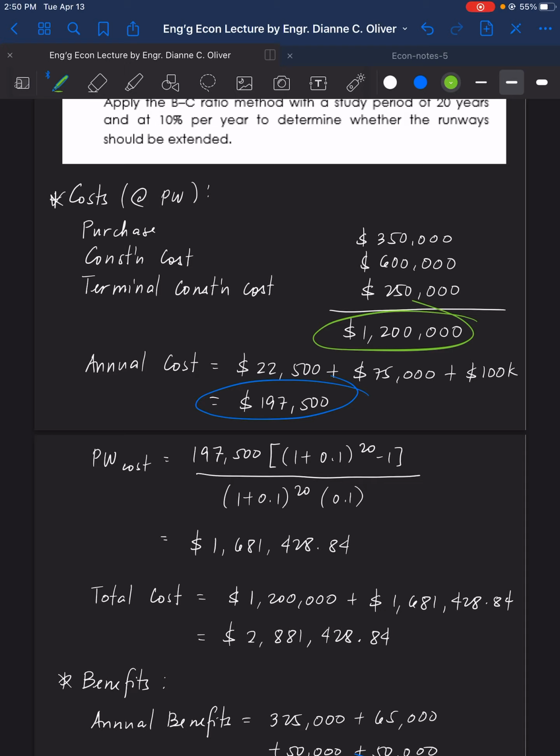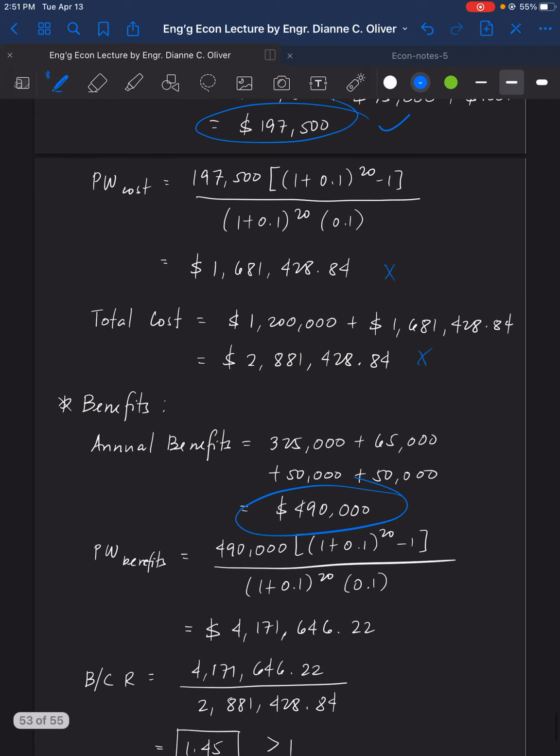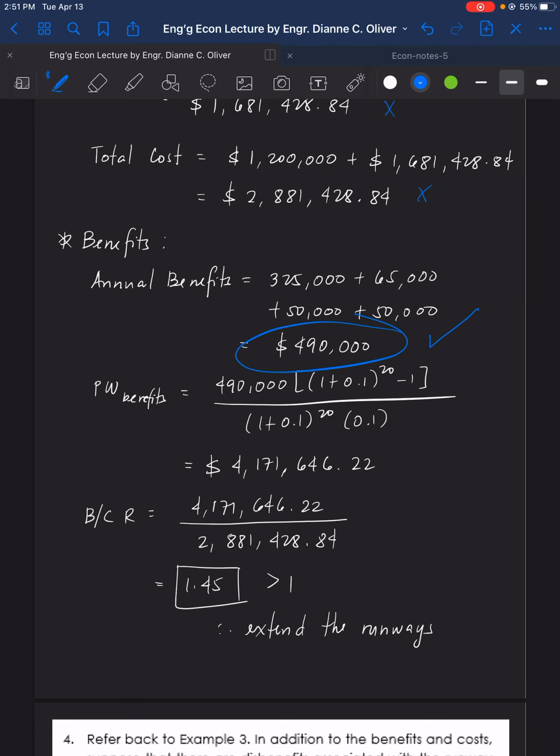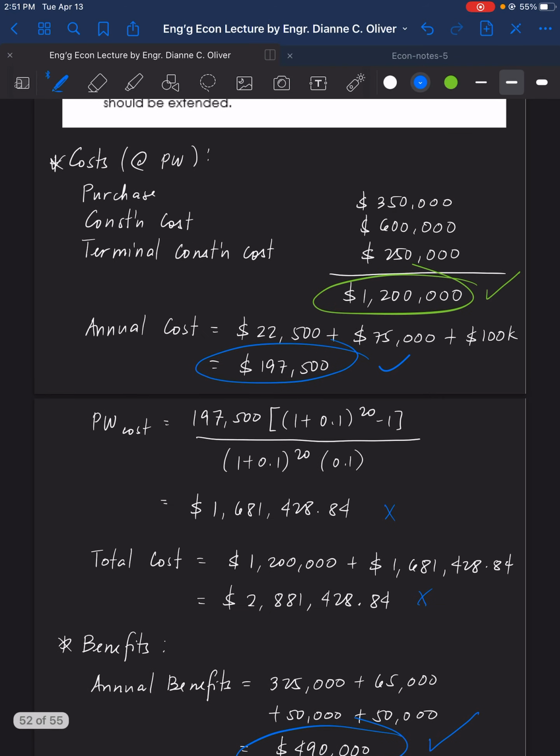So did we consider everything already? We have to convert this into present cost, the rest remain. No need for this, no need for that. This remains as annual worth. So we will just convert the terminal construction, this 1,200,000.